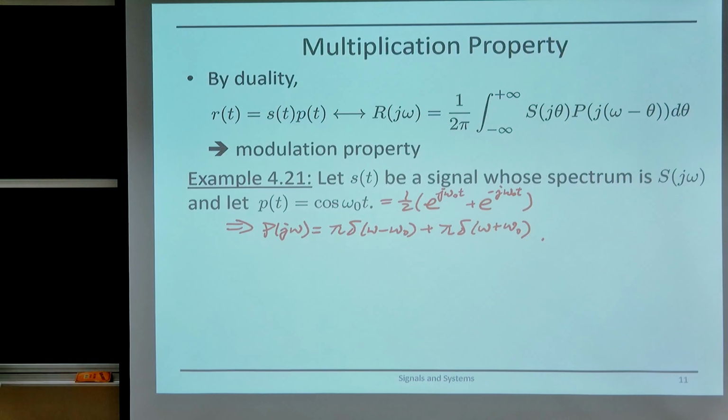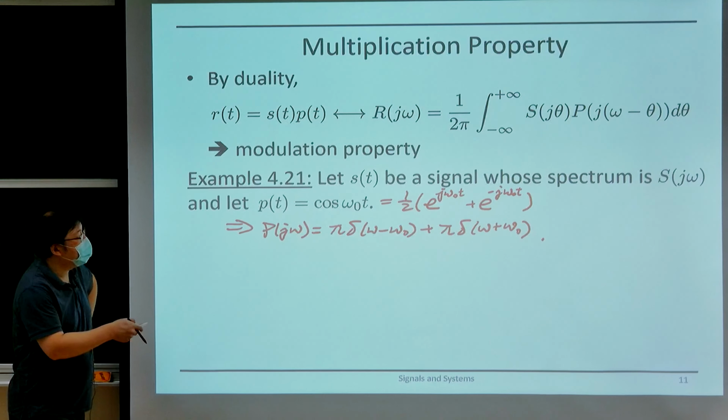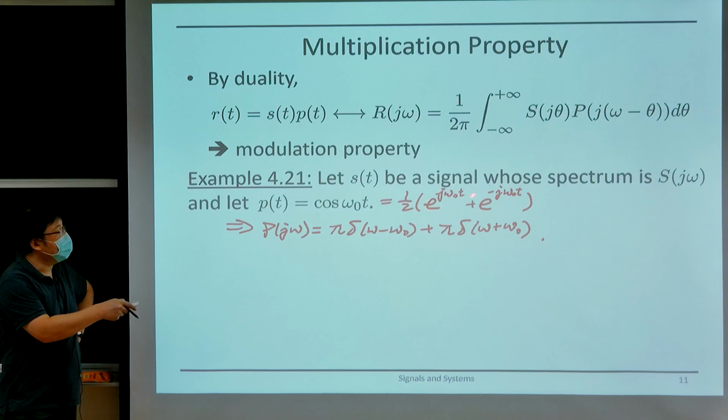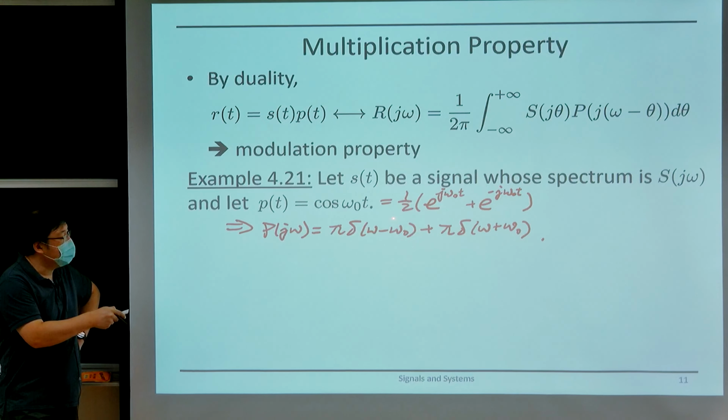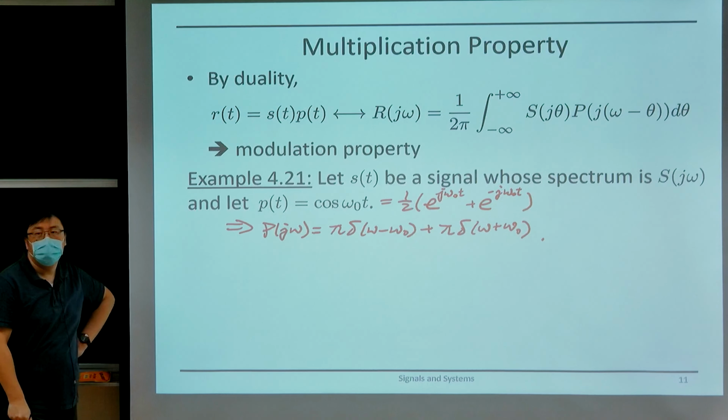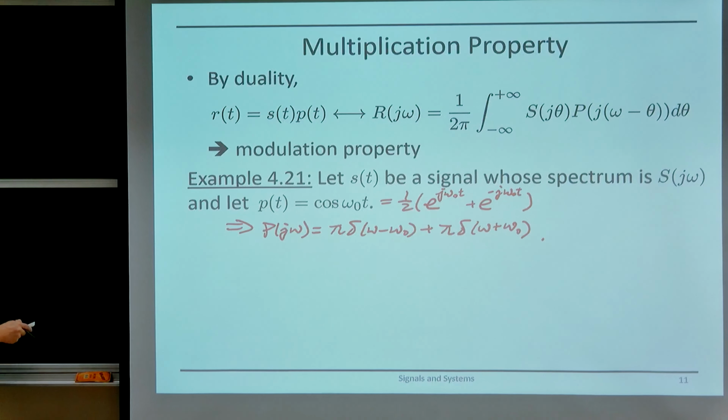We learned previously that the Fourier transform of a complex sinusoid corresponds to a delta function at that particular frequency. So the Fourier transform of p of t is a delta function at omega naught plus another delta function at minus omega naught.